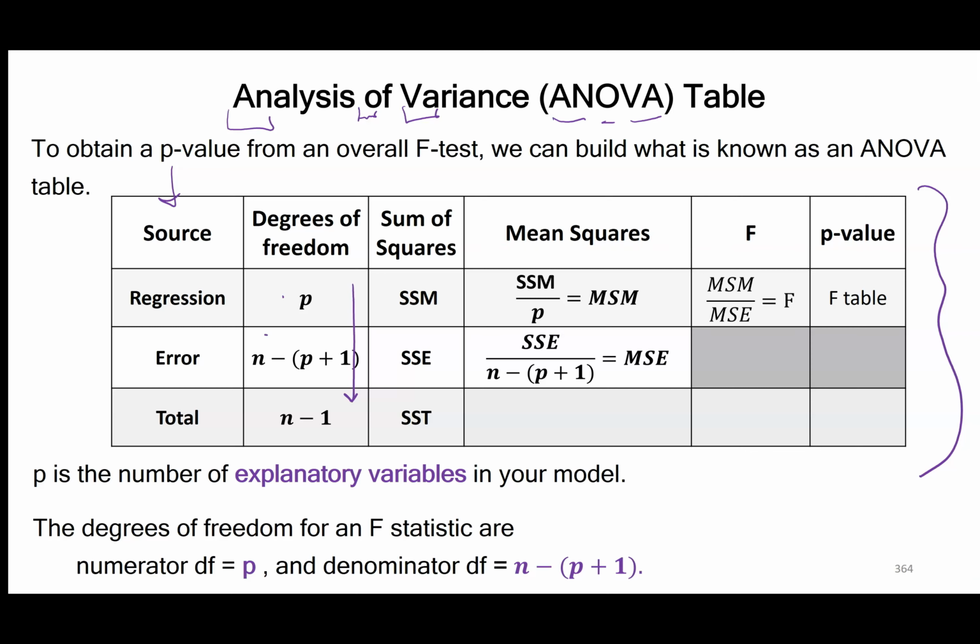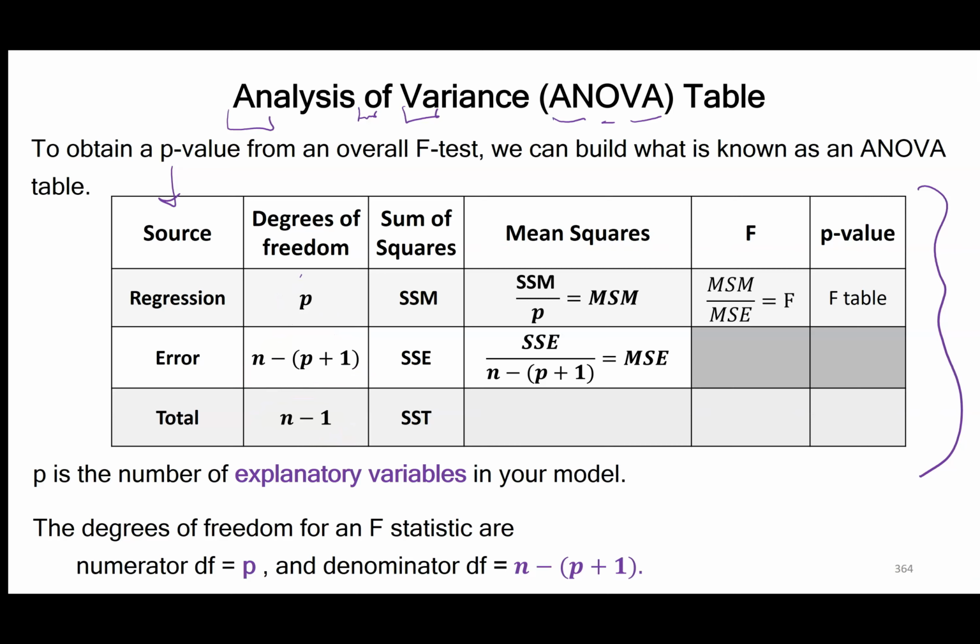So I say, okay, the number of variables in my model, and then my sample size minus 1. Those are really easy for me personally to find. So I would find these two, and then find my degrees of freedom for my error just by taking the difference. So the bigger one minus the smaller one, that's going to be my degrees of freedom for my error.